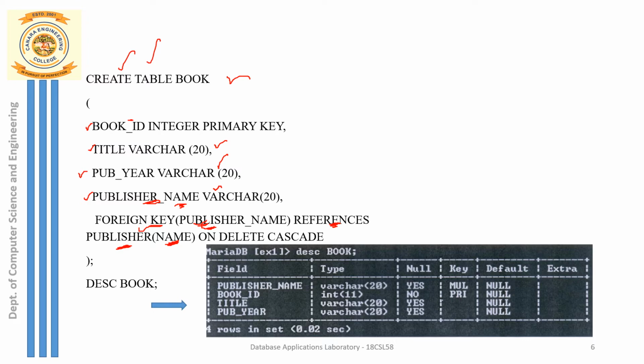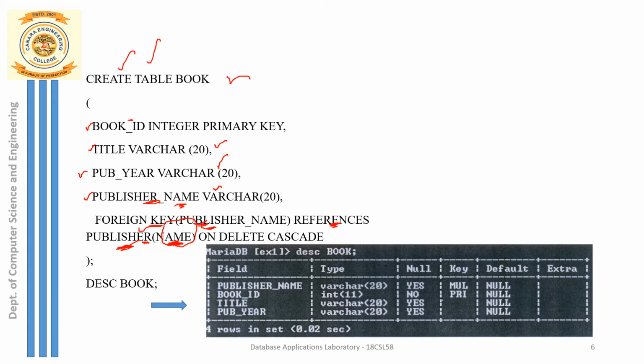The same attribute name you must specify here also. So name is an attribute that I had already created in the table publisher. Remember one more thing, this name should be the primary key in the publisher table. Only then you can have publisher name as foreign key in this book table.